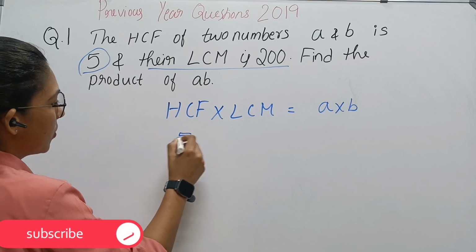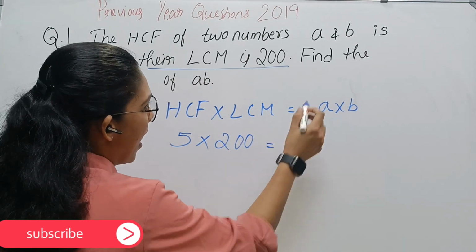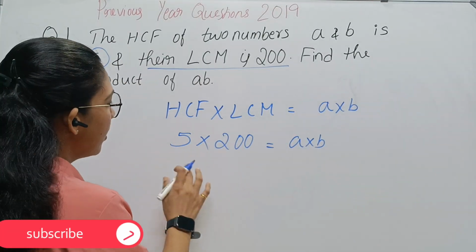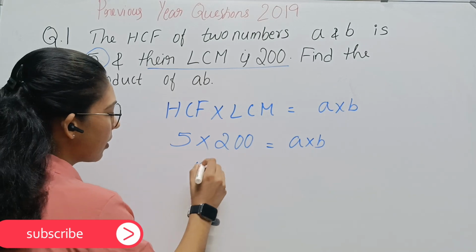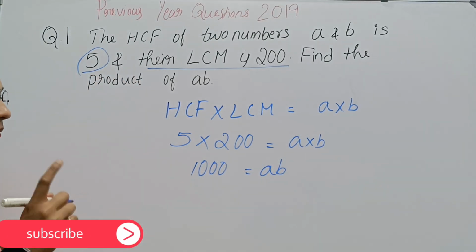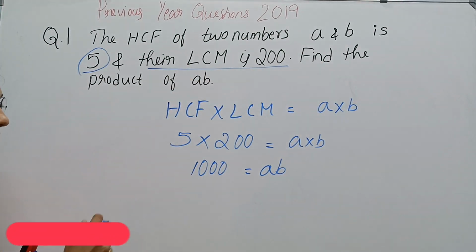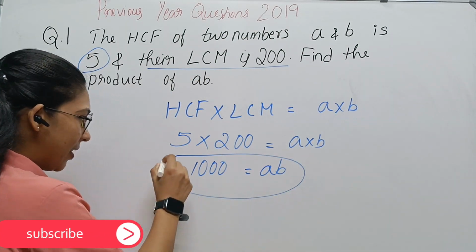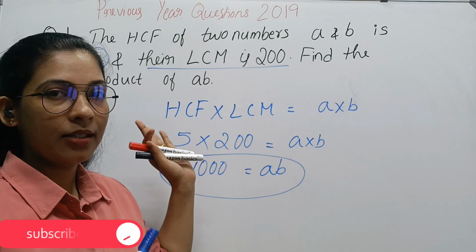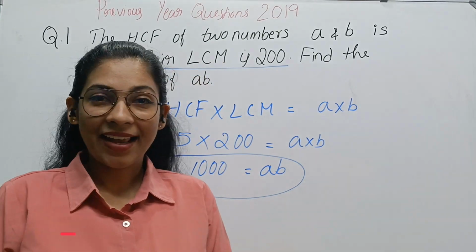So 5 times 200 is 1000, which is equal to the product of the two numbers A into B. So the product of AB is 1000. You have to learn this equation by heart. So this is the answer.